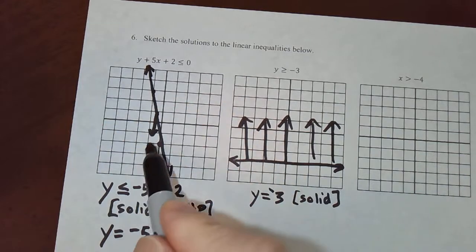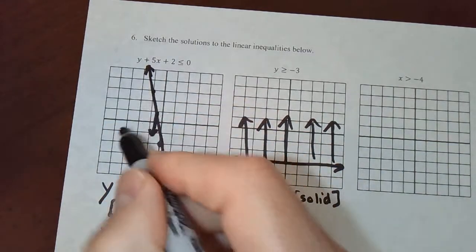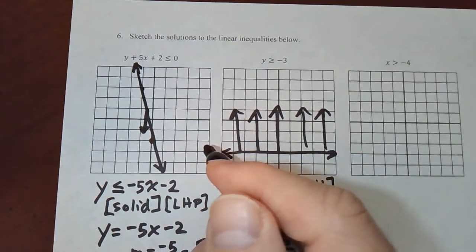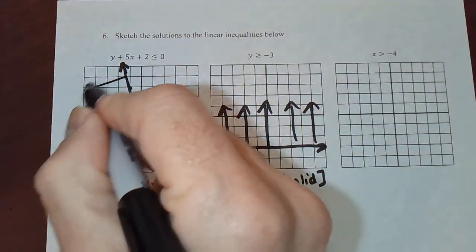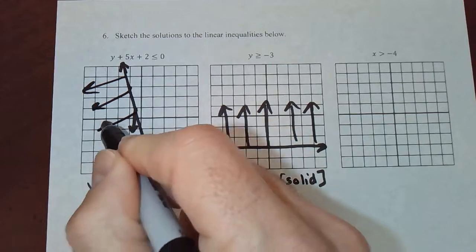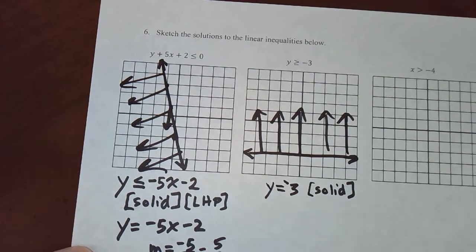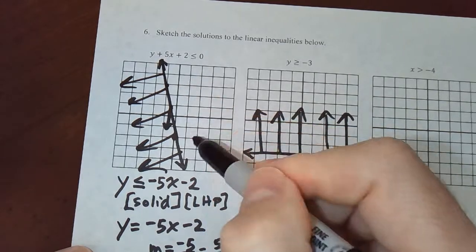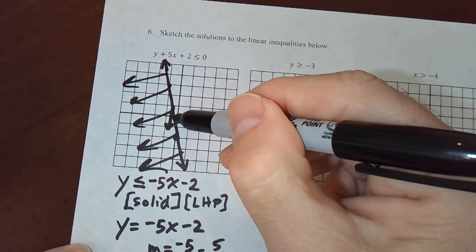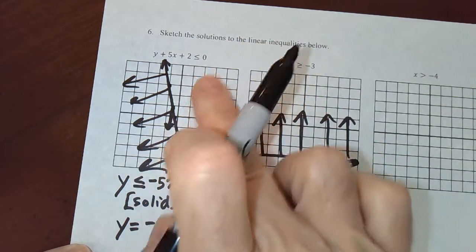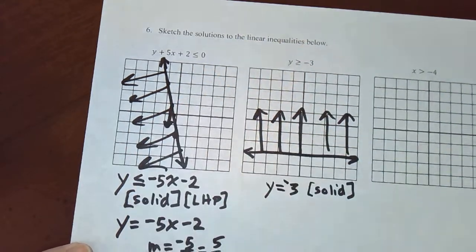So I know the one that looks like almost on the left-hand side is called the lower half plane. So this is the half plane that I shade. That's the solution. This would be considered the upper half plane because if you started with a point on the line and drew straight up, you're in this region.